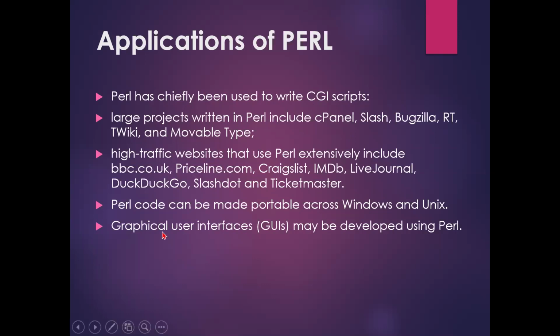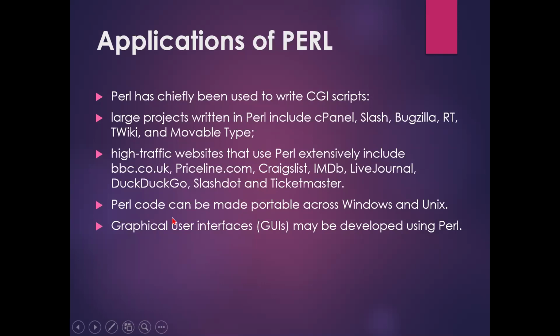In addition, a few important high traffic websites that used Perl include bbc.co.uk, priceline.com, Craigslist, IMDb, LiveJournal, DuckDuckGo, Slashdot, and Ticketmaster. So these are very high traffic websites that had been developed using Perl.